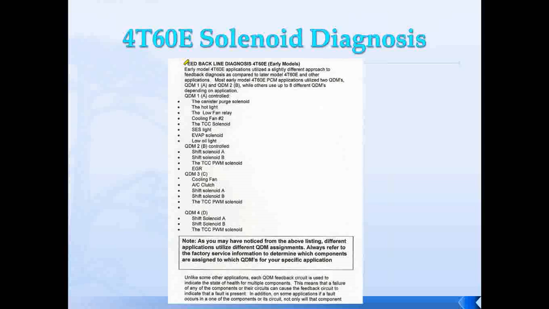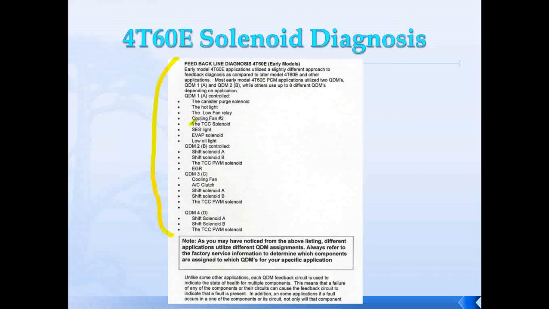All right. Feedback line diagnostics on 4T60Es as well as some of the other vehicles can also get a little complicated because the driver circuits that GM uses are not just controlling the solenoid. So as you can see here, I've got a TCC solenoid. This is one design of driver we've got. But you notice it's got a whole bunch of other things hooked to that driver circuit.